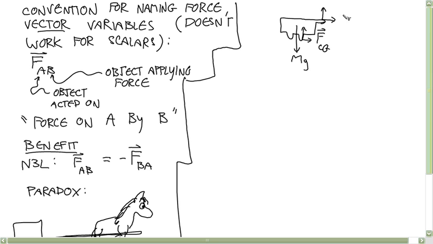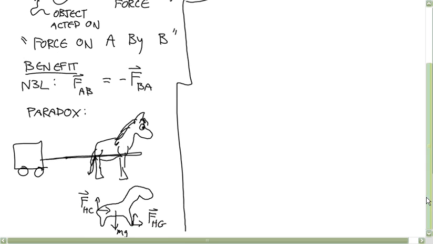And then you have the force on the cart by the horse. And now, if we went and solved all these equations, you could replace this F_CH with negative F_HC, because that's how this naming convention works.